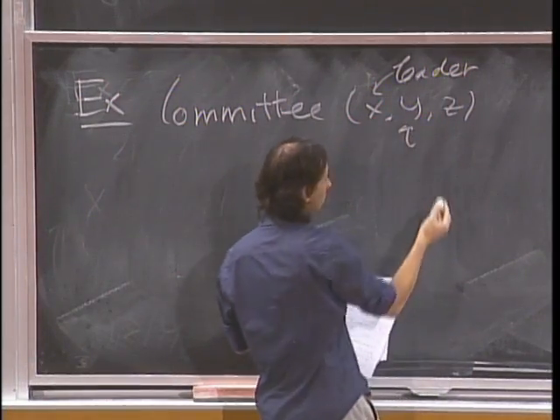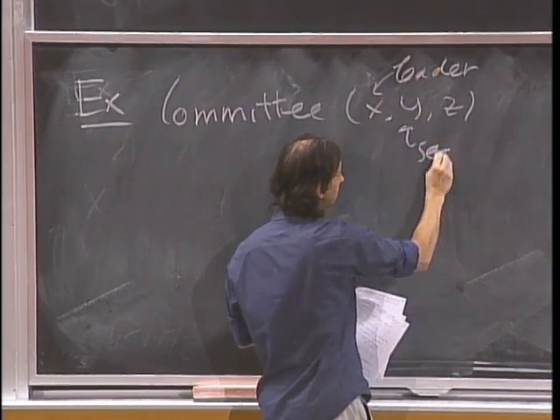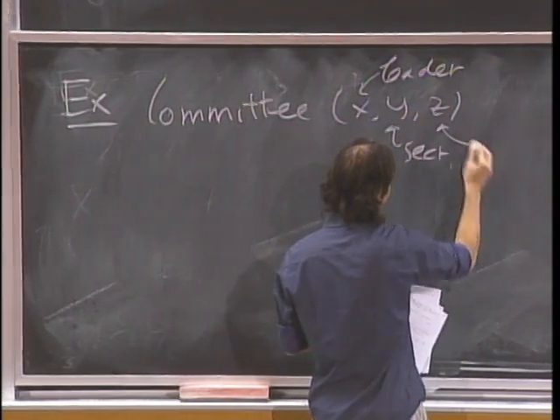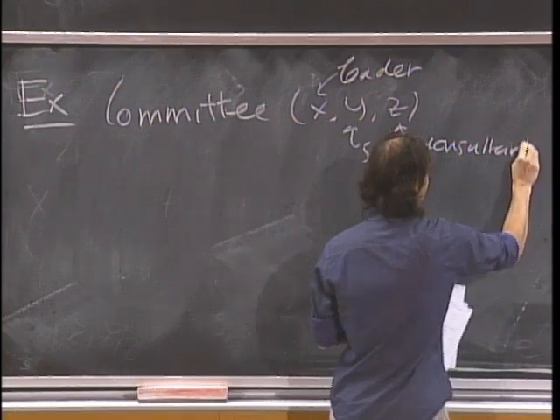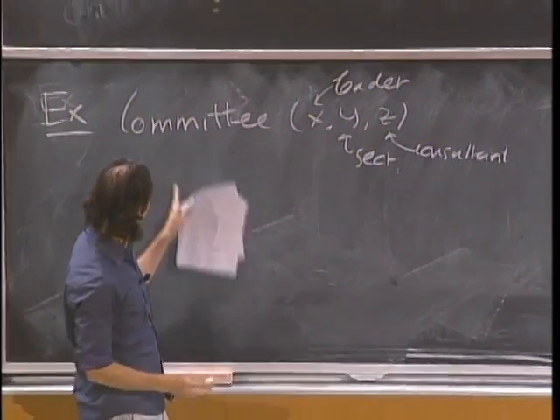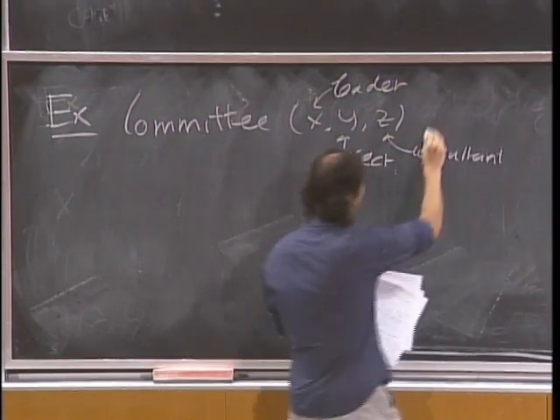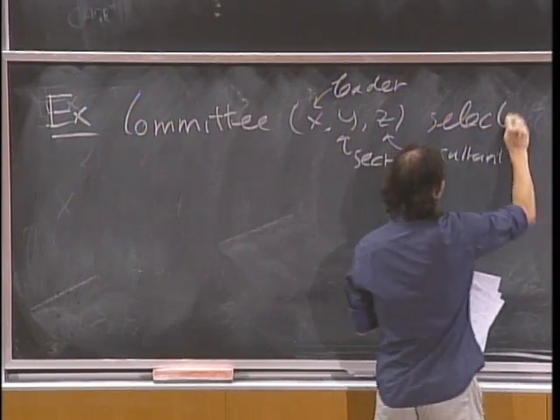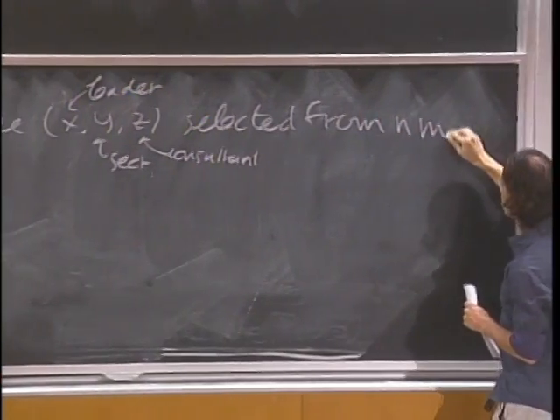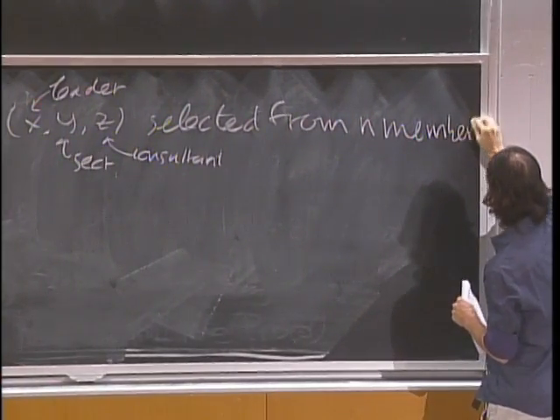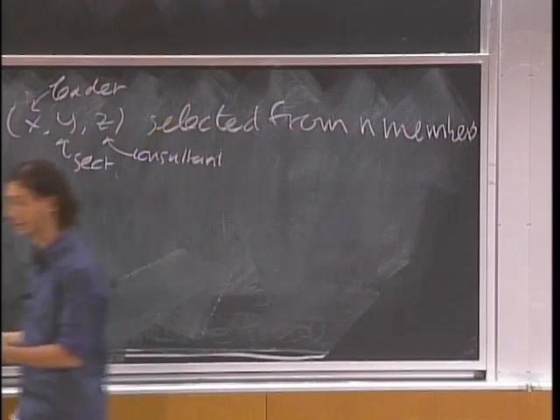The second one indicates, say, the secretary. The third one is some consultant. So they all have different roles. Such a committee is selected from n members. And in how many ways can I do this?